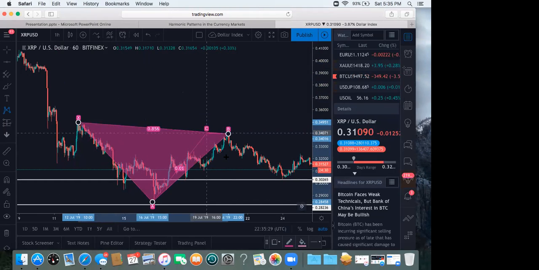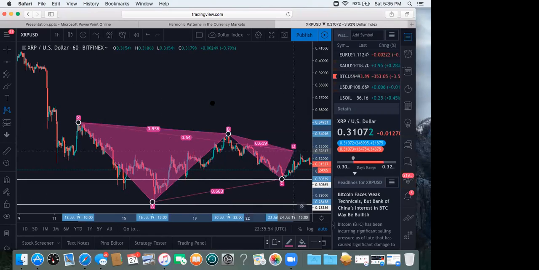Notice how I draw. All right, so look at these from X, A to B. You notice that triangle is high right here to this low, and also again at this good support right here.